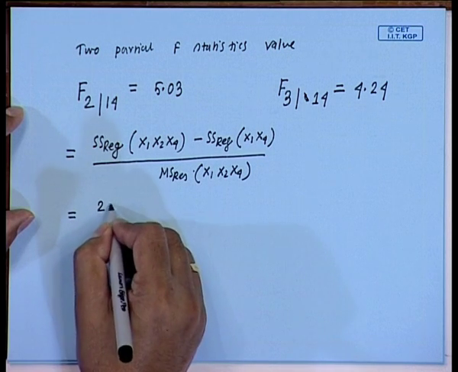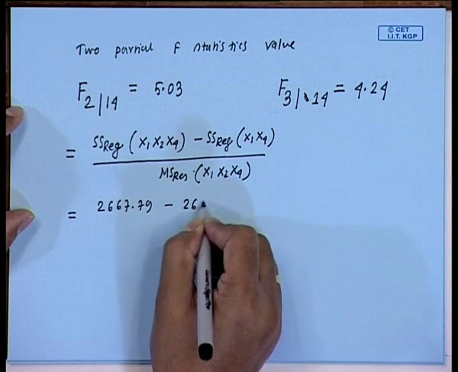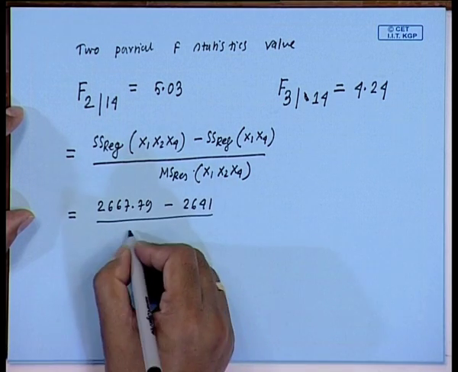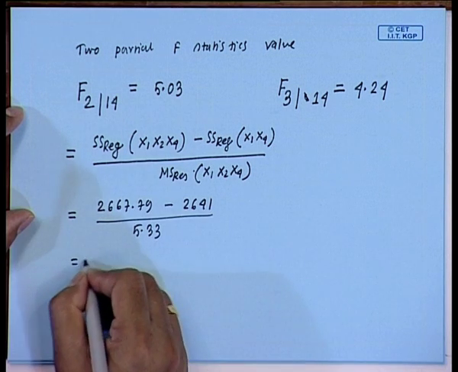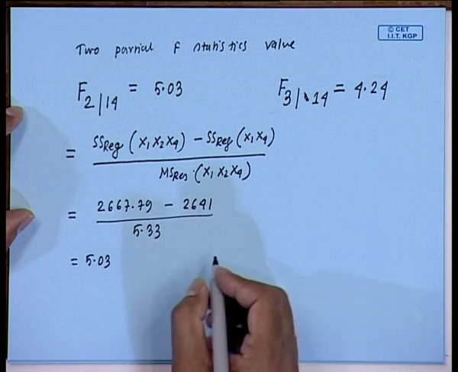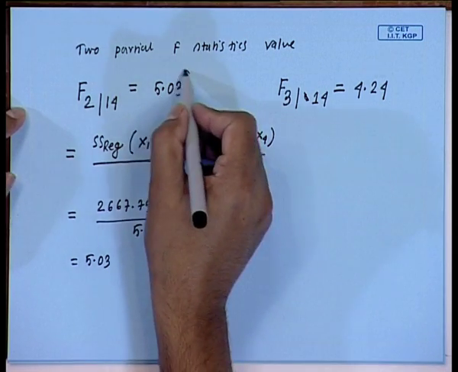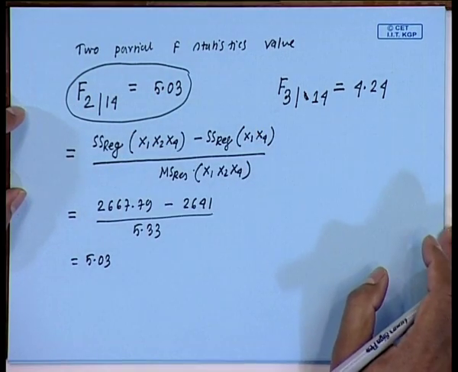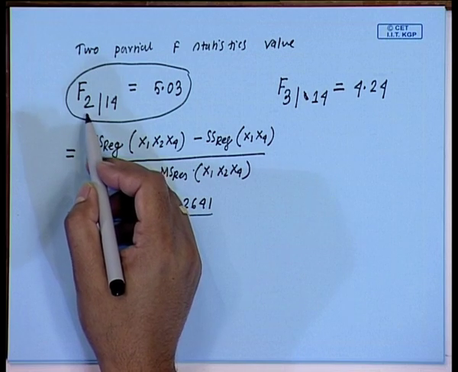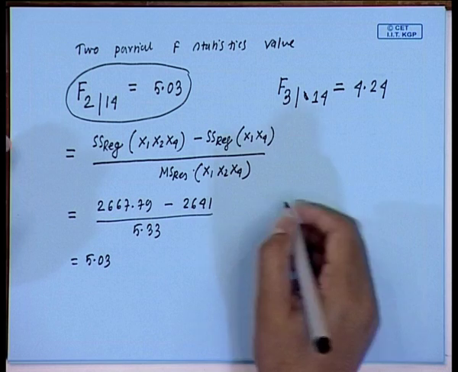You can check this: (2667.79 minus 2641) by 5.33, and this is equal to 5.03. So, the highest partial F value is this one. Now, whether next x2 will be included in the model depends on the tabulated value of F or the threshold value.